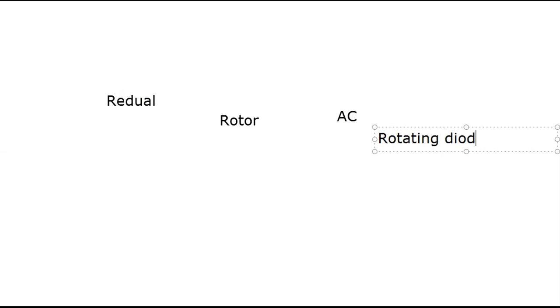This AC goes to the rotating diodes, and we're producing the DC.